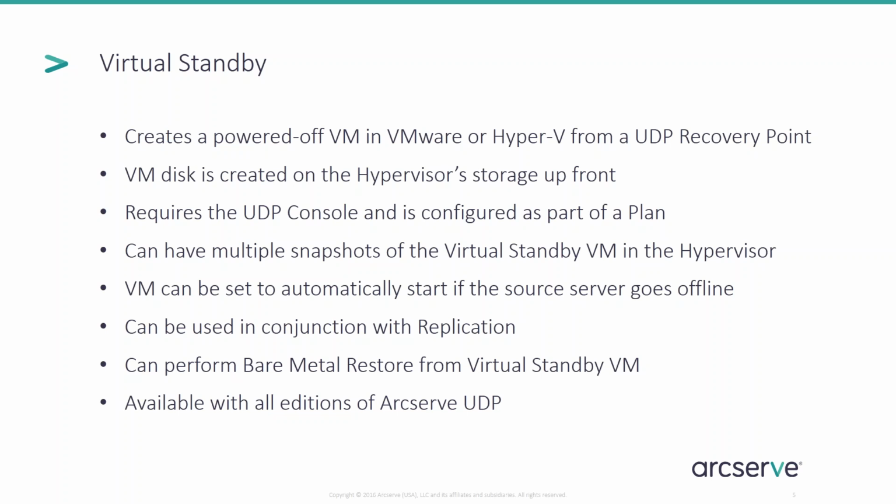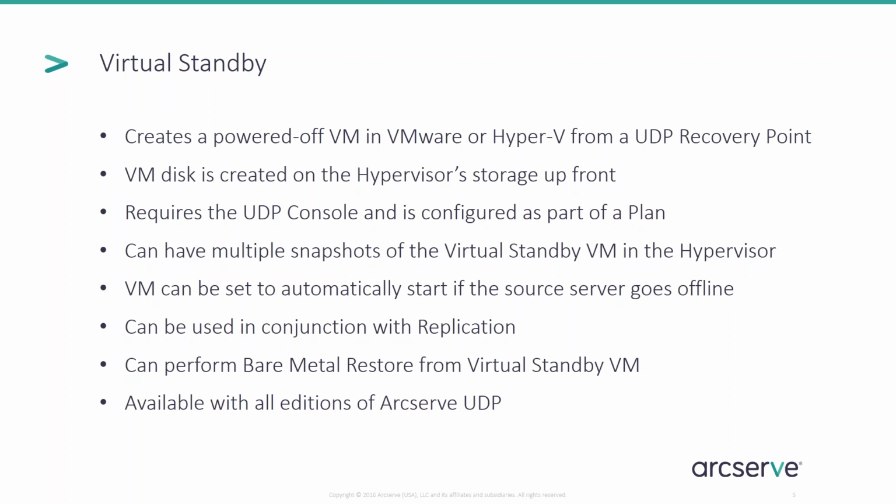Now, if you need to start a virtual standby VM, that means that your source machine is not available for whatever reason, and users are accessing your virtual standby machine. It's being used live, data is changing. So if, for example, there was some hardware failure on your source machine and your virtual standby has been running for a day or two, you want to then bring your original source machine back online.